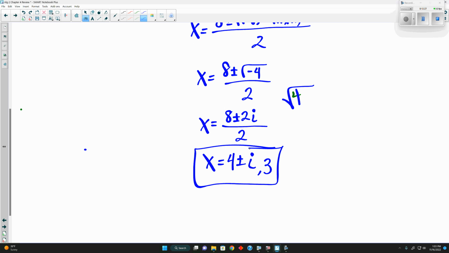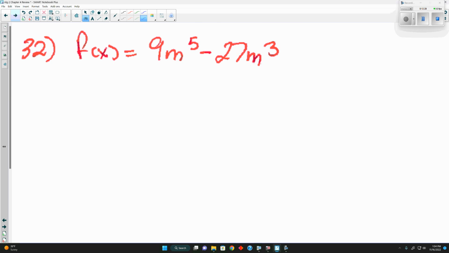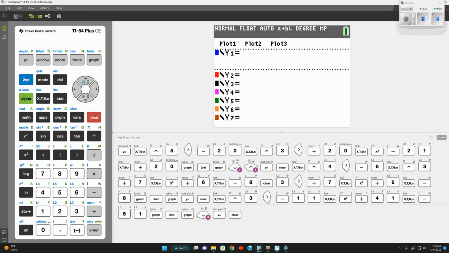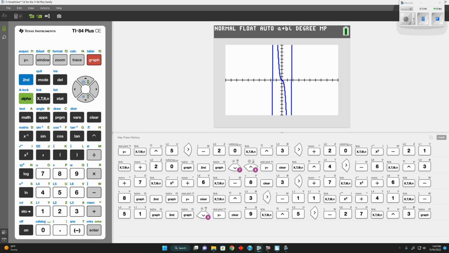All right. Well, we can look at the next one. We can graph it. We can say 9x to the 5th minus 27x to the 3rd and hit graph. So we do have a few places where it crosses, yes?